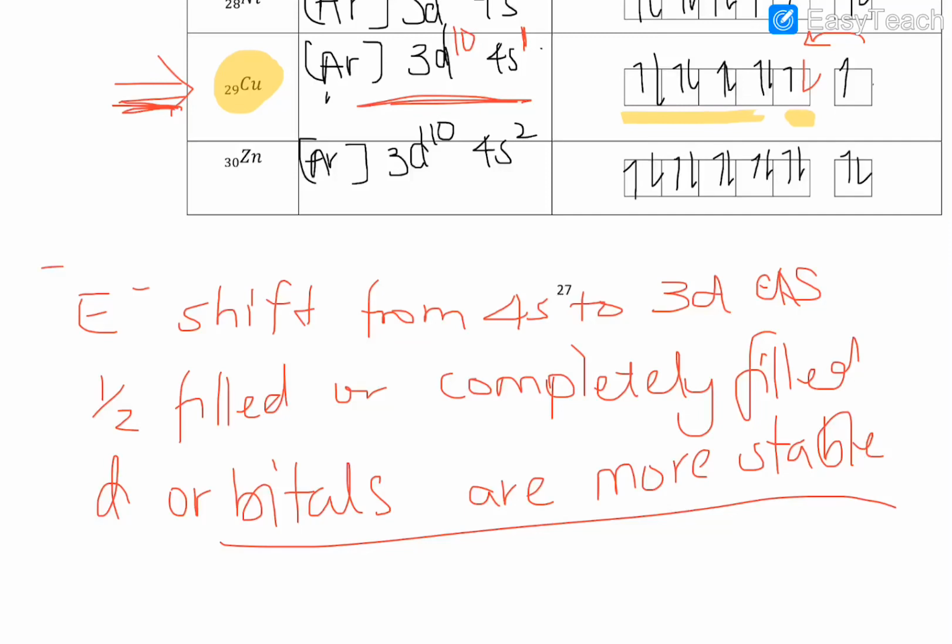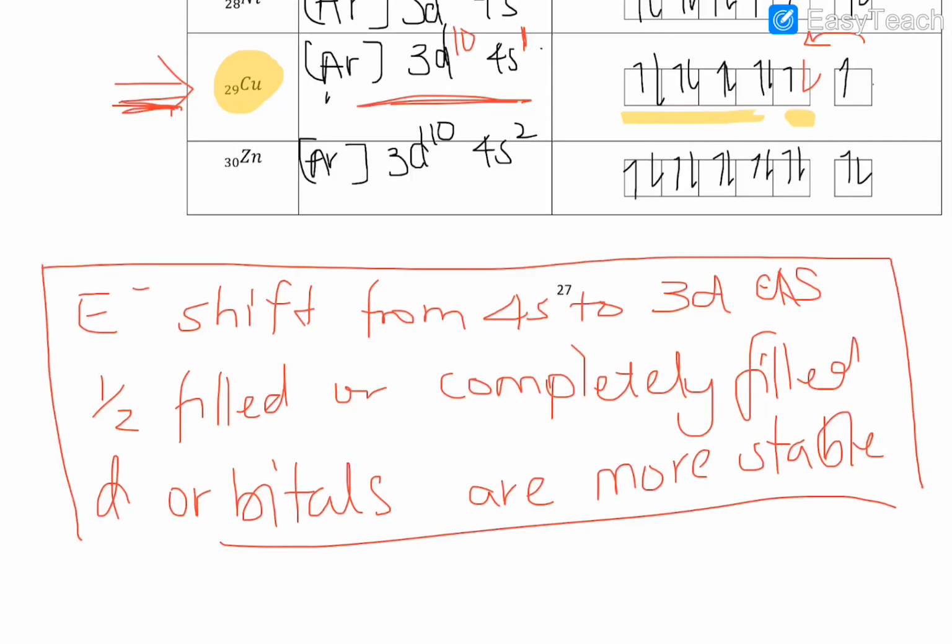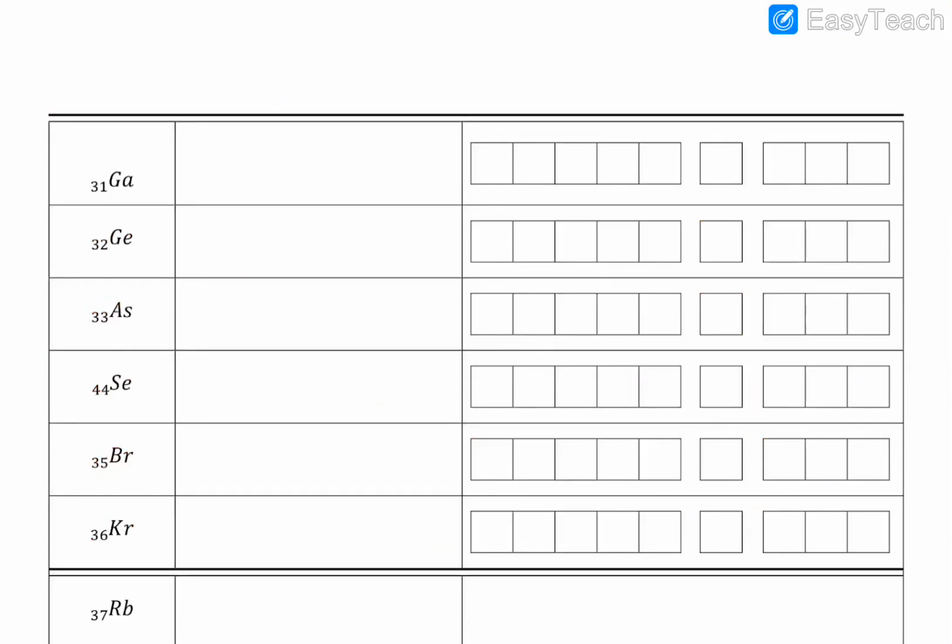Okay, so this is very important for you to know. So try to complete for all of this, and then you can check your answer. So pause the video, complete everything, and then you can play the video again to check your answers.